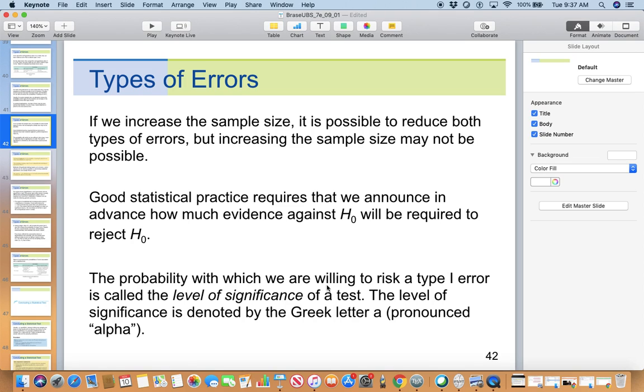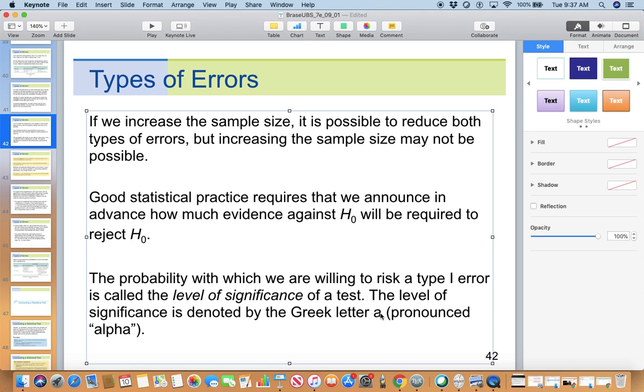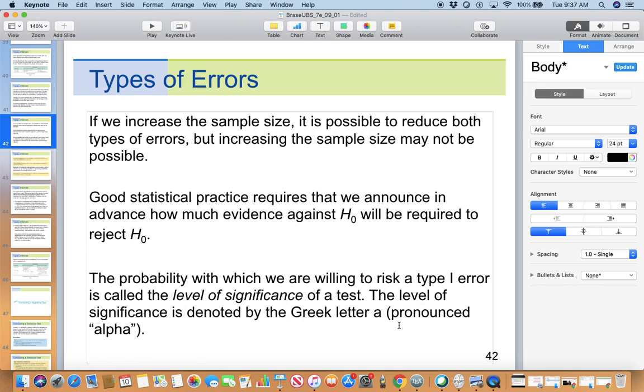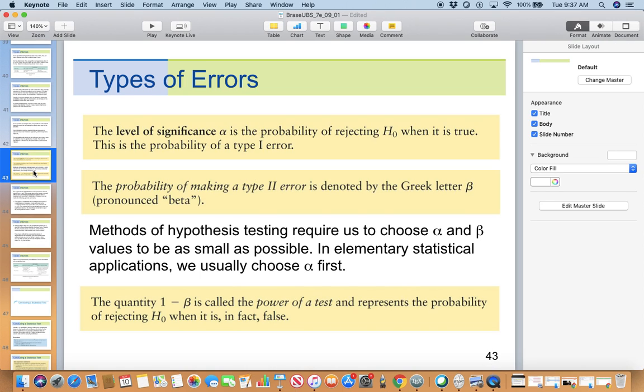The probability with which we are willing to risk a type 1 error is called the level of significance of a test. Okay? The level of significance is denoted by the Greek letter alpha. That's alpha.